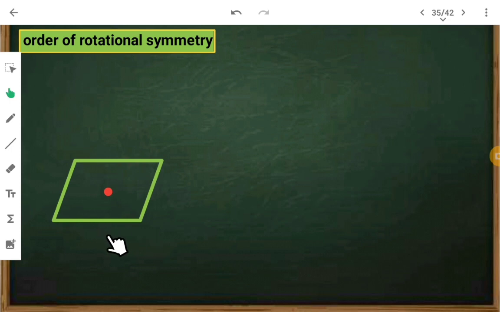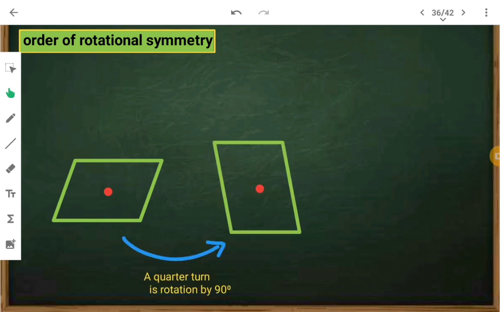This one is a what? Parallelogram, and this point we call the center of rotation. Now I am going to rotate with a quarter turn. What is a quarter turn? 90 degrees. This part is turned over here. Am I getting the same figure? No. Right?